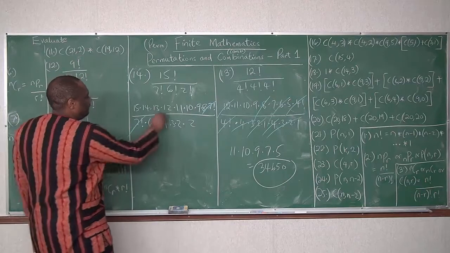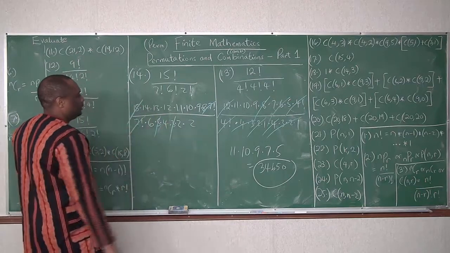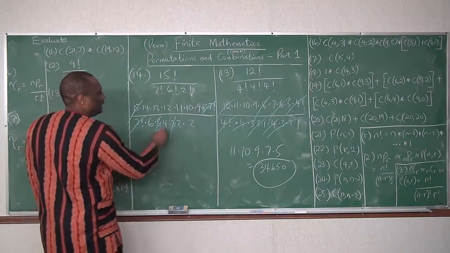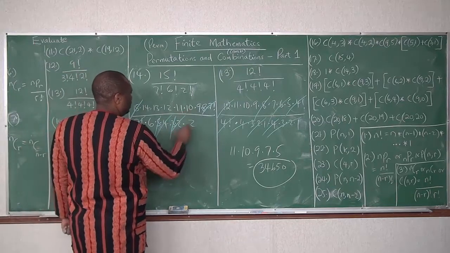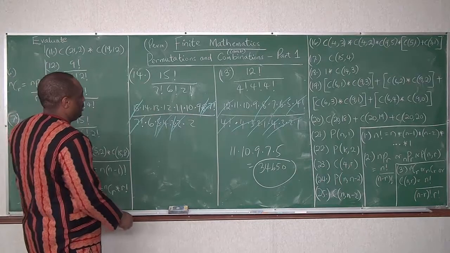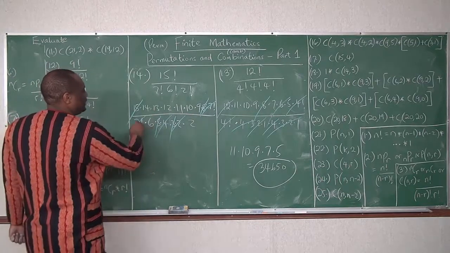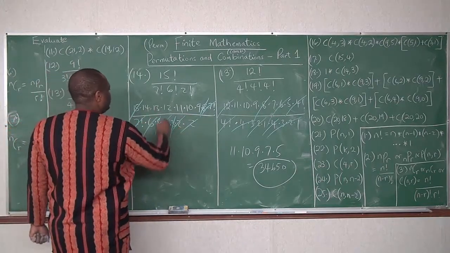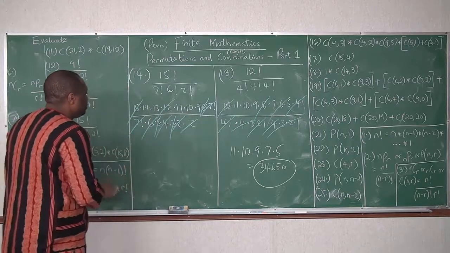5 and 3 is 15, goes. 4, 2 is 8, goes. 6, 2 is 12. Okay? Goes.